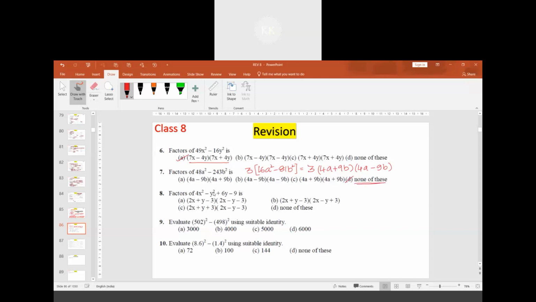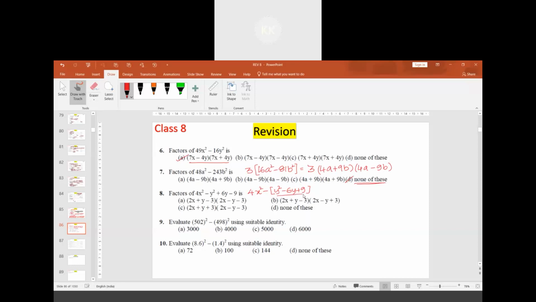In the next one, it's grouping terms. We have to use the identity a plus b minus b whole square. This can be written as 4x square minus of y square minus 6y plus 9.